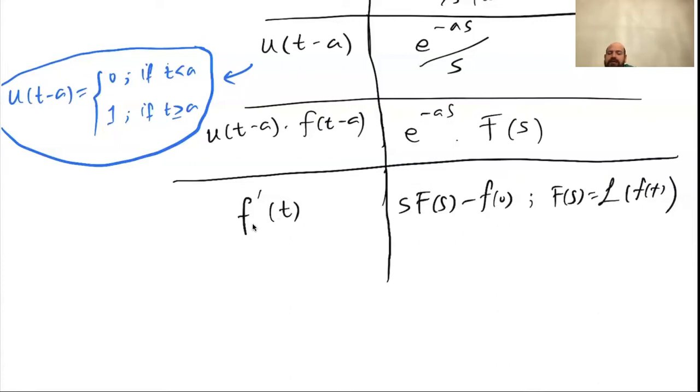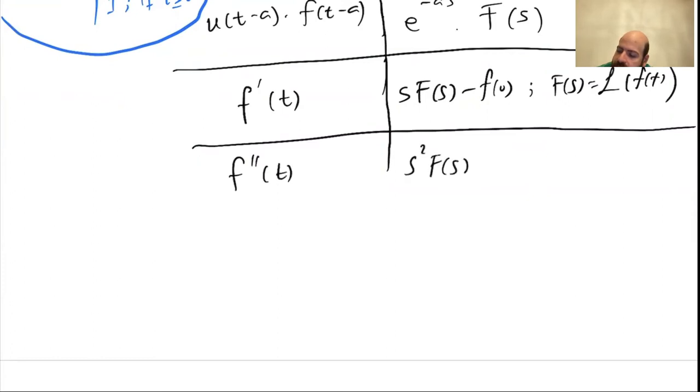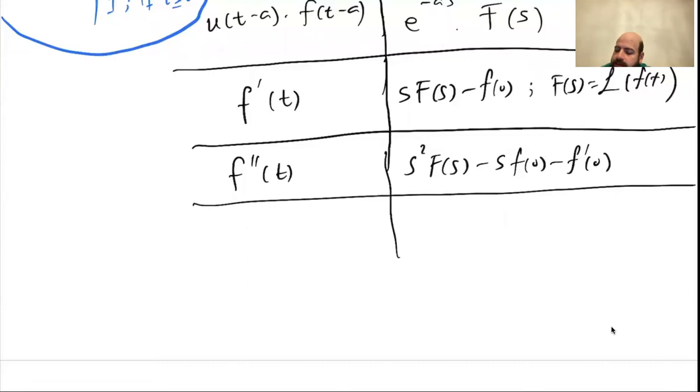Similarly, even for the second derivative, if you apply Laplace transform, again, the derivative will disappear. So for example, f double prime of t will be s squared F of s minus s f of 0 minus f prime of 0. And again, capital F of s is the Laplace transform f of t. And you can similarly go to the higher derivatives.